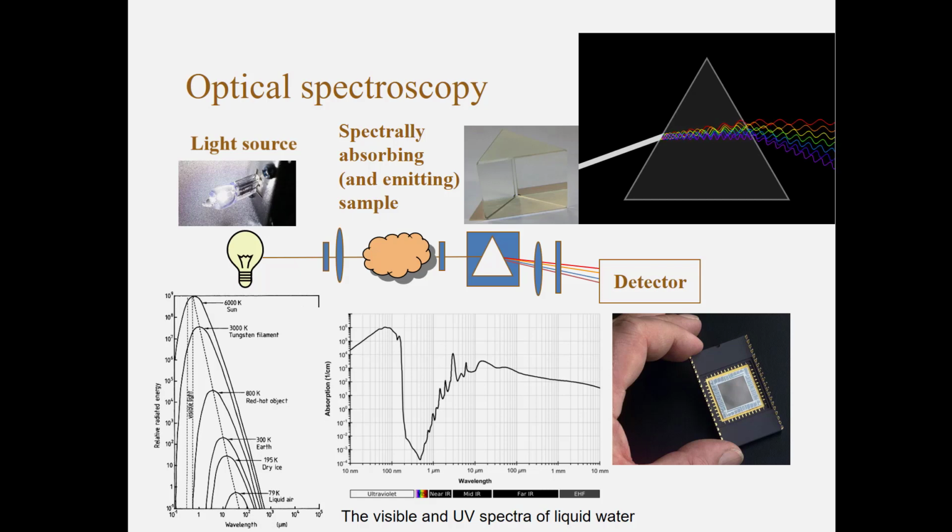So if we put this detector over here, then for example the red light can hit the pixels in the top, and then as we go down the blue light can hit the pixels in the bottom. And this allows us to simultaneously measure how much red light we have, how much purple light we have, how much red, how much yellow, how much blue, and how much purple. And we can do this in many channels at the same time.